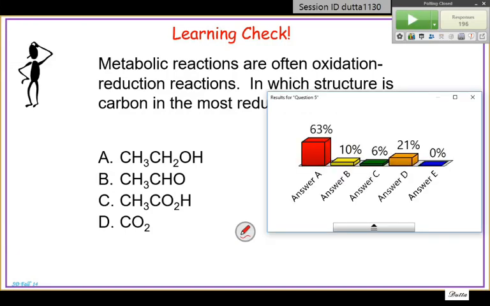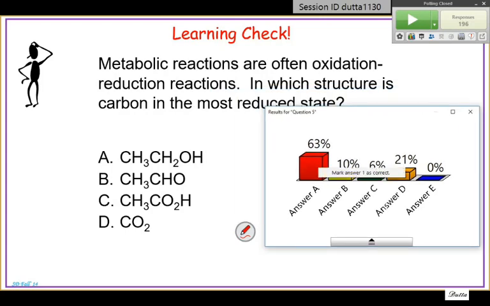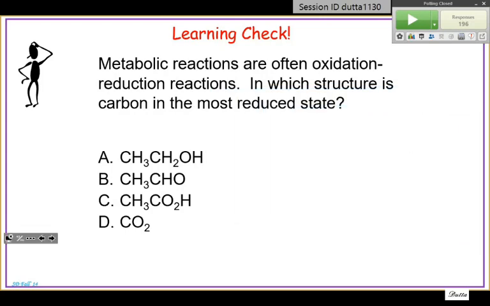Most of you answered A. What do you think? That is correct. So, most reduced state. As you go down, you can see they are being oxidized.